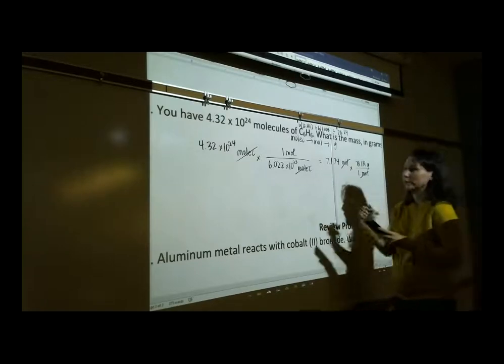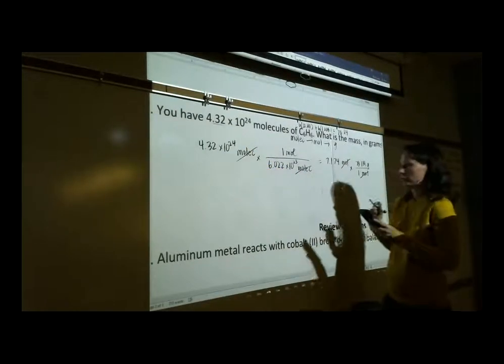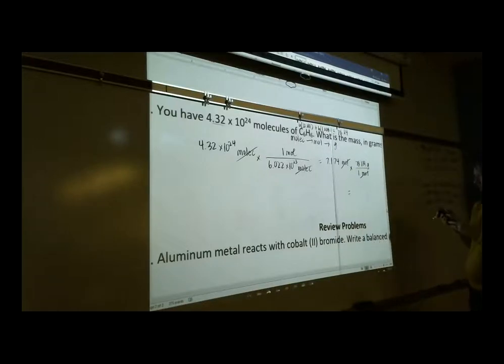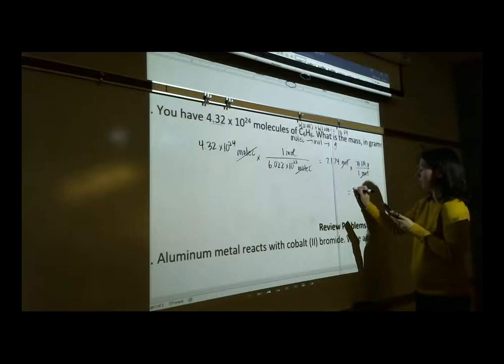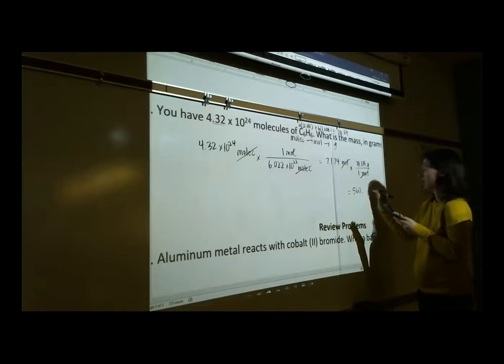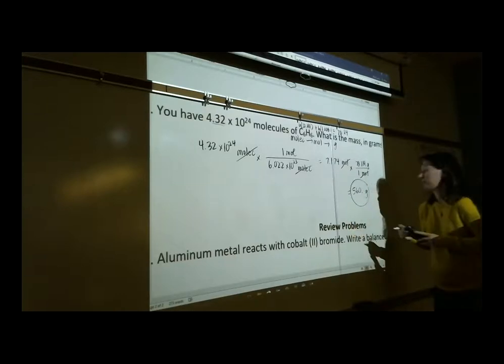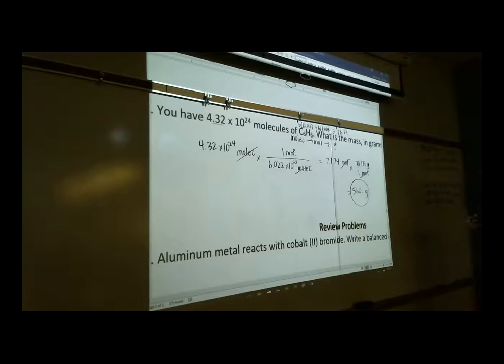And now we keep 3 significant figures because I had 3 significant figures in my final answer. 7.174 times 78.114 gives me 560. grams. Do we agree? Because my calculator spits out 560.3898. If I'm keeping 3 sig figs, I need that decimal. Do we agree?